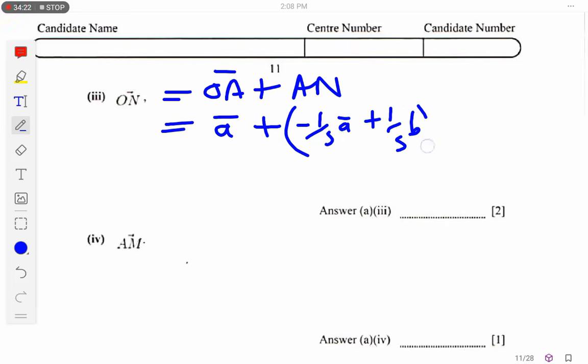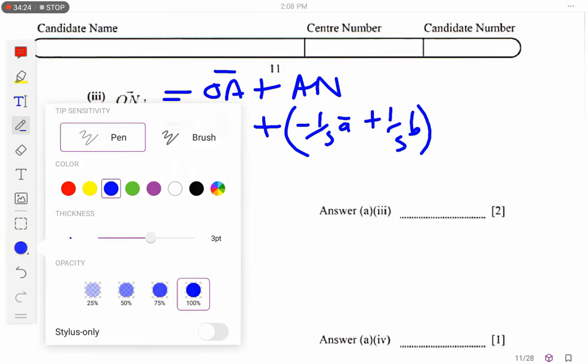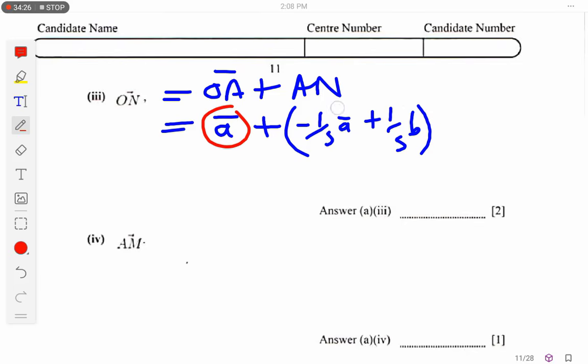Like that, I can remove the brackets and have the A's together here. These are common vectors. So this is going to be equal to 1A minus 1 over 5A, then plus 1 over 5B.